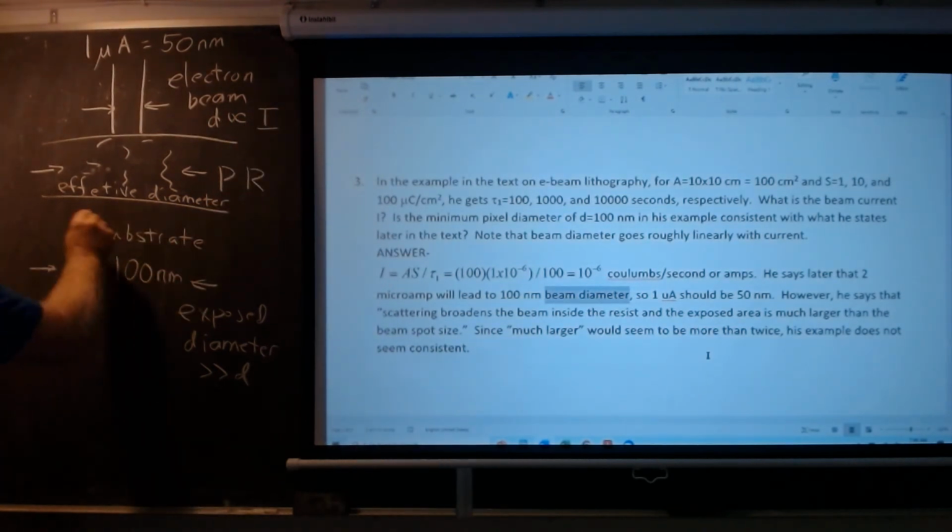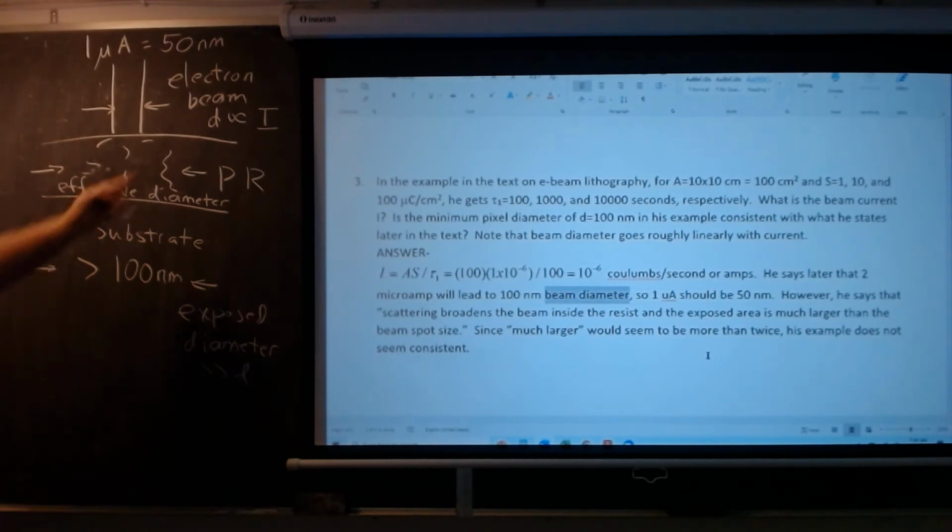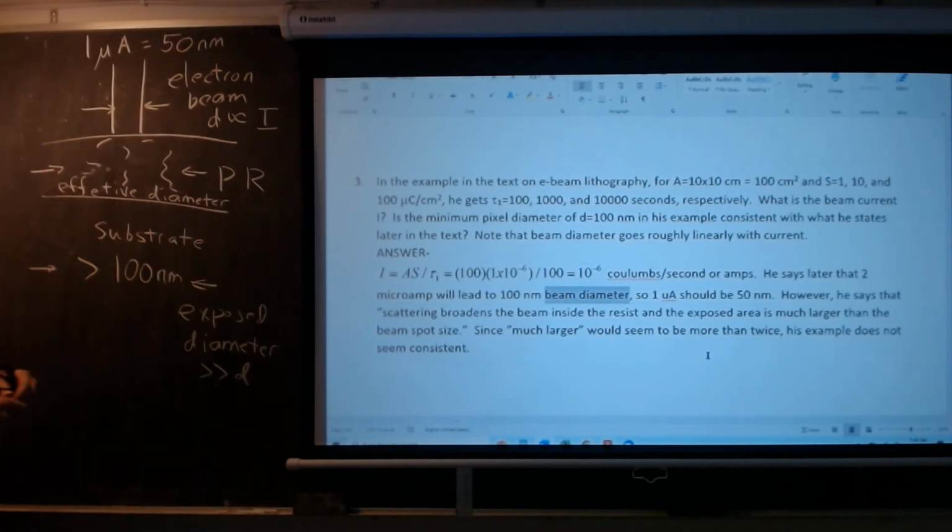And then there's the effective diameter, or the exposed diameter, which is much bigger than D. Those are the principles I want you to remember for e-beam lithography. There's so much more to know, but also the principle of S. S is the charge per unit area. The sensitivity.